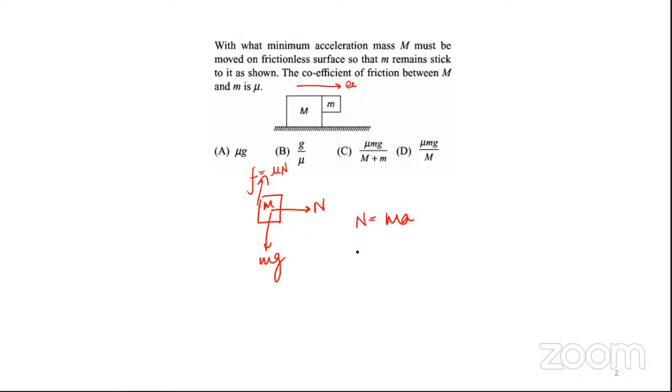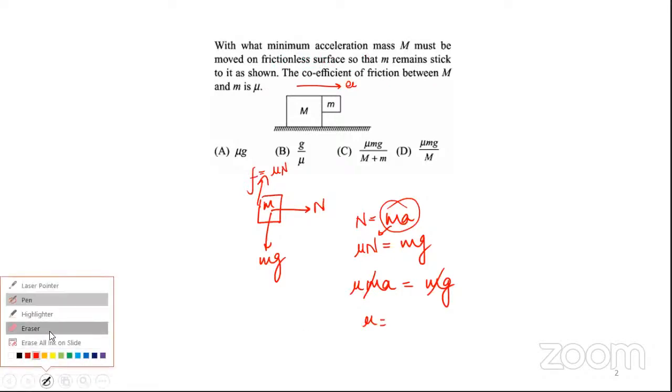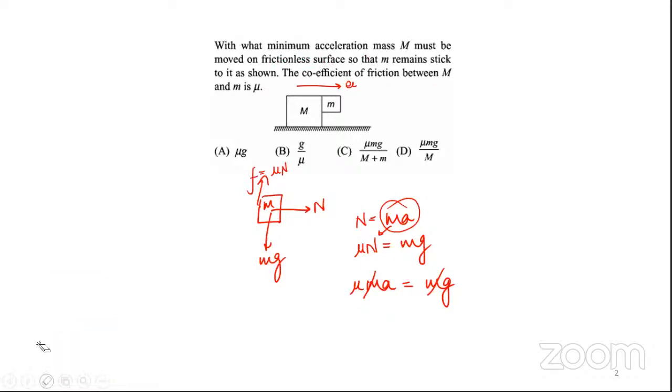In the vertical direction, we have mu N equals mg. So substituting ma from this equation into the second equation, we have mu m a equals mg. Small m gets cancelled out. So from here we have mu equals to, oh sorry, we need the acceleration. So we have a equals g by mu. That gives B as the right answer.